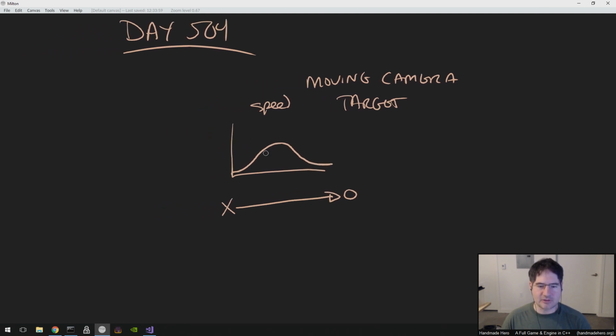So as a result, we defined a function that had that kind of a look to it. I mean, I guess you shouldn't say that. The speed of ours is kind of more like that, right? But that's what we wanted. Low, high, low. And so this is a parabola, right?